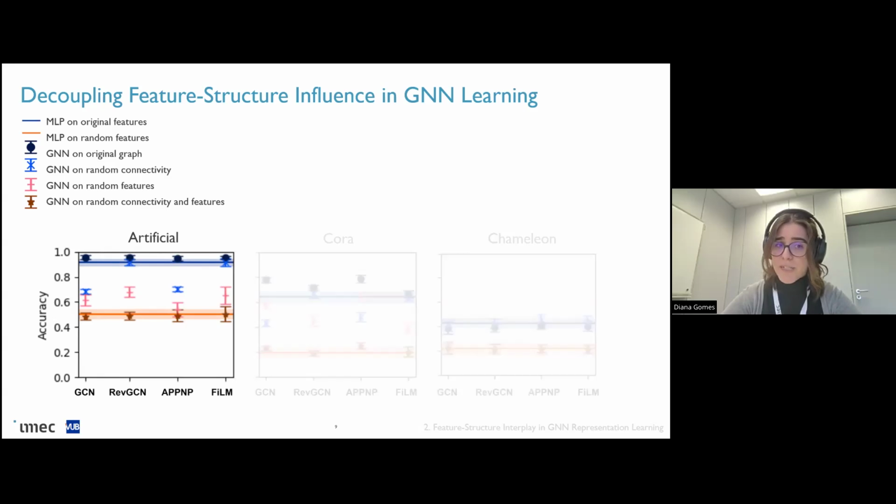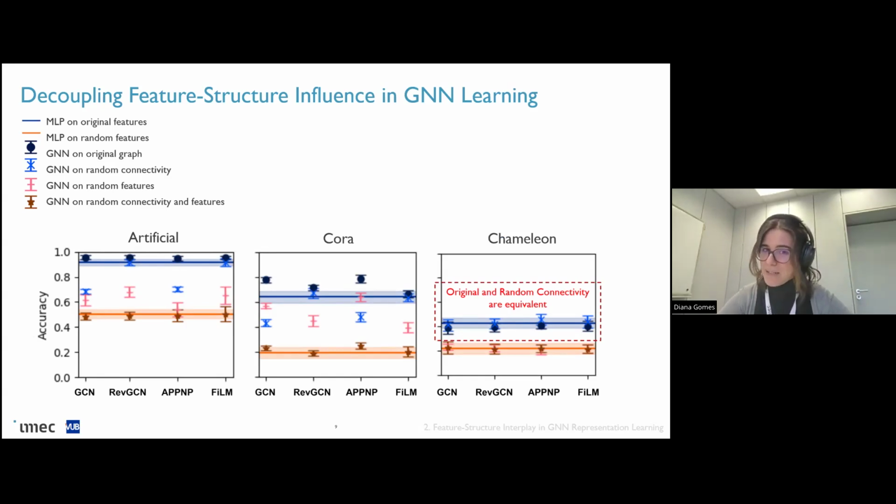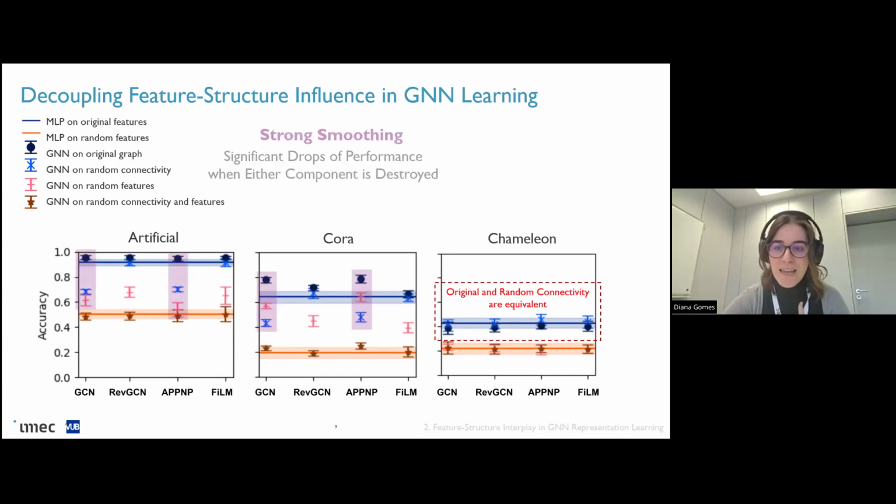Now we ran this for several different benchmarks, for several different models, and I'm going to pinpoint some striking conclusions. For some data sets, we identified that sometimes the original and the random connectivity are actually equivalent. This is something that can strike us as surprising, but it's part of the findings of this study that we should keep in the back of our heads.